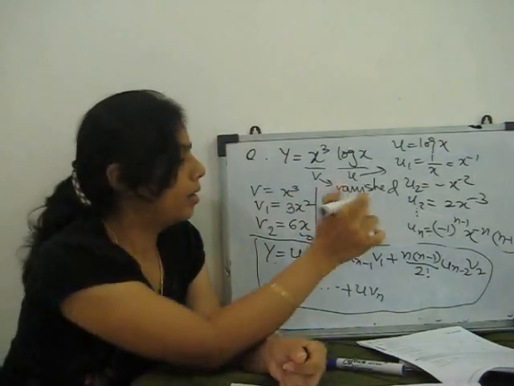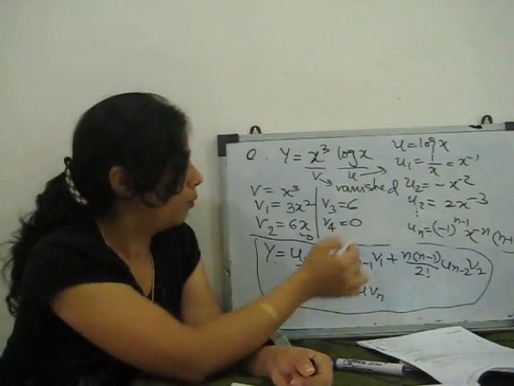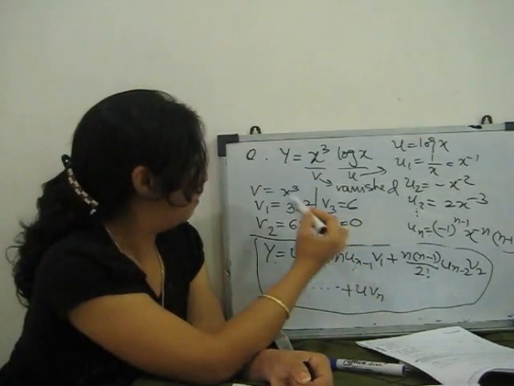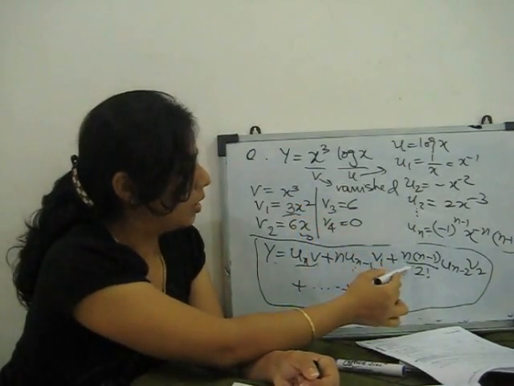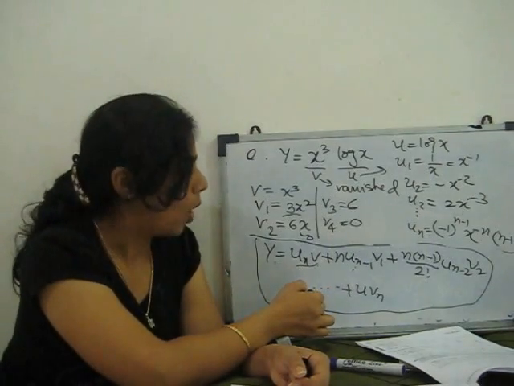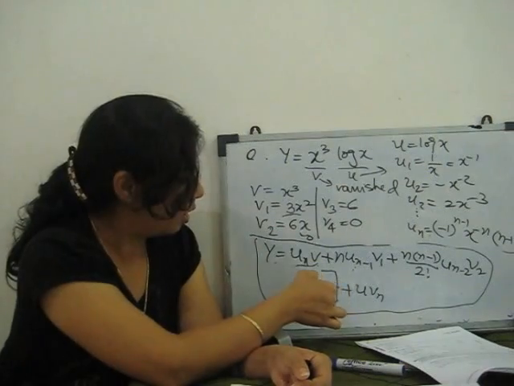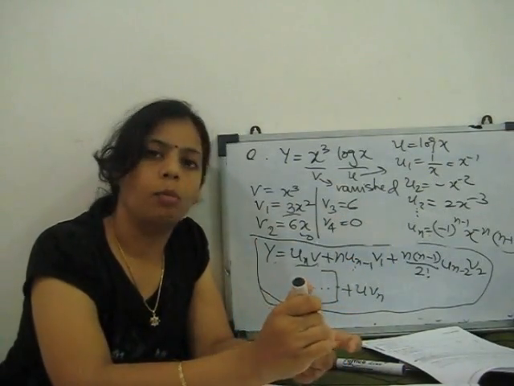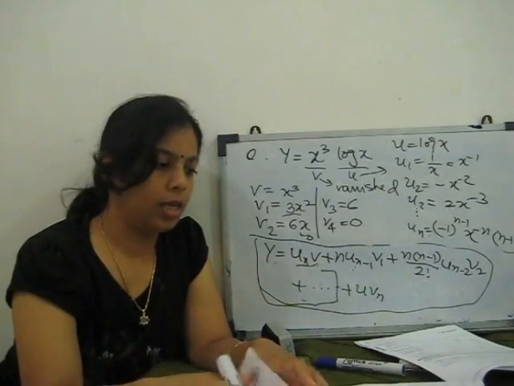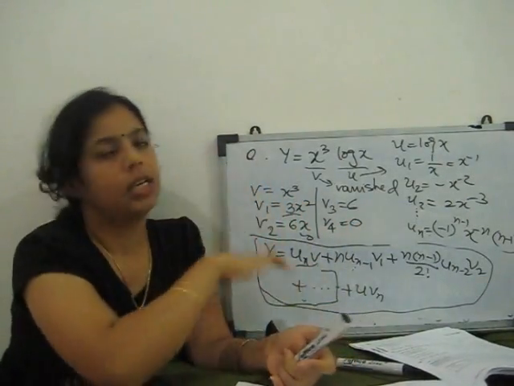So we have to write up to 4 terms: un into v, un minus 1 and v1, un minus 2 and v2, and the next term un minus 3, v3. Only these terms give the nth derivative of the given function. So we only have to decide which is u and which is v, and we can easily find it.